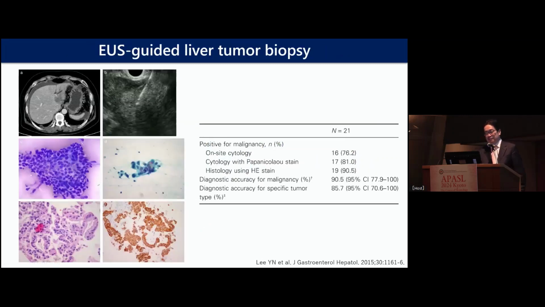And then we can perform EUS guided biopsy, especially for lesions that are deep from the percutaneous approach. Sometimes it's difficult to puncture under trans-abdominal ultrasound. So these are good indications for EUS guided liver tumor biopsy.